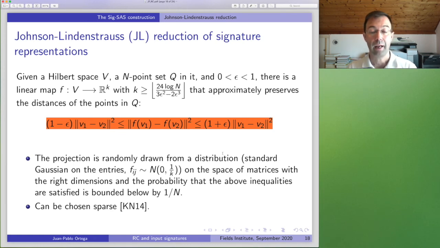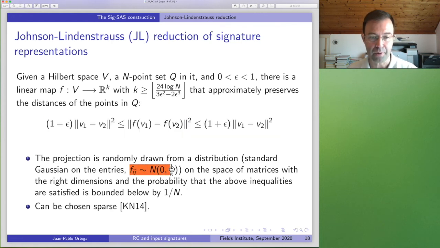I will not get into that because we are going to do it all with this prescription. If we succeed in doing this, the sparsity can also be explained, because there are papers, you have the reference at the end, that tell you that this f can be chosen as a sparse matrix.